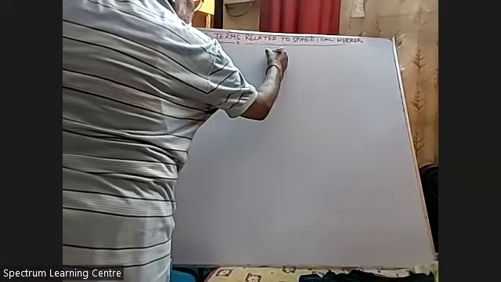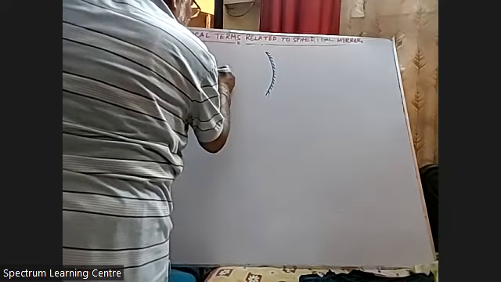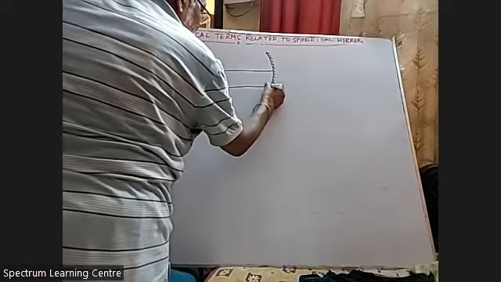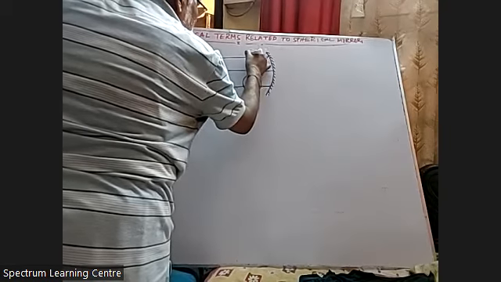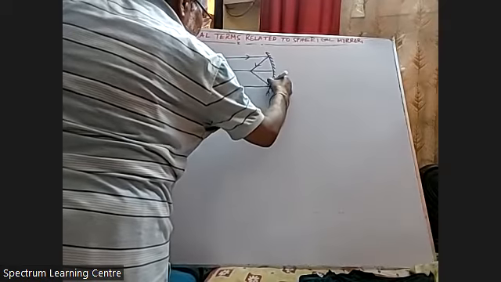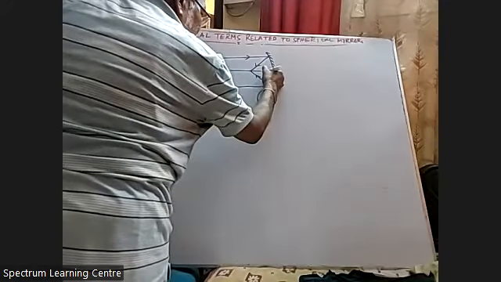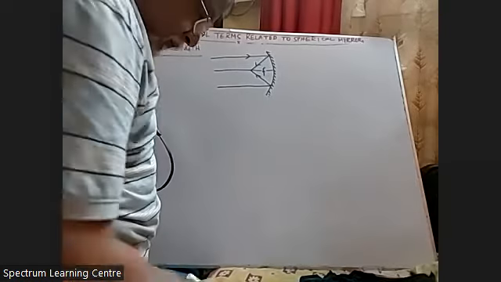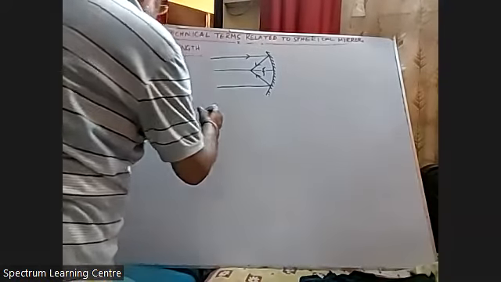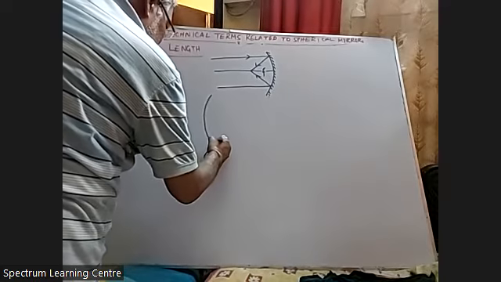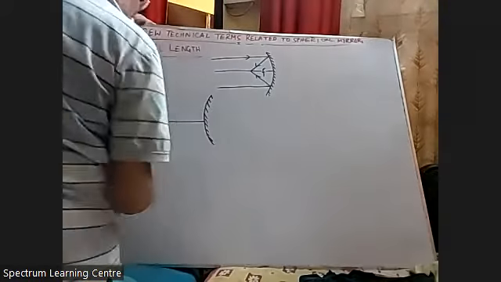Sir, I was saying that in the case of a convex mirror, the virtual focus leads to the formation of images that are smaller in size than the object itself, right? To a certain extent, yes. I agree with you.